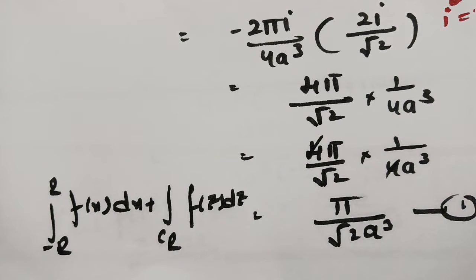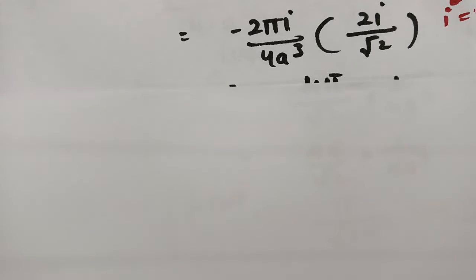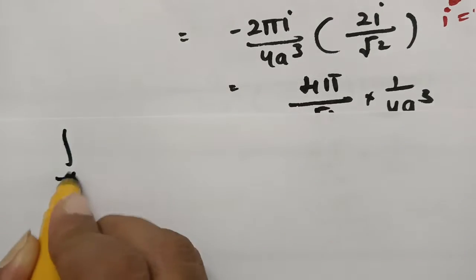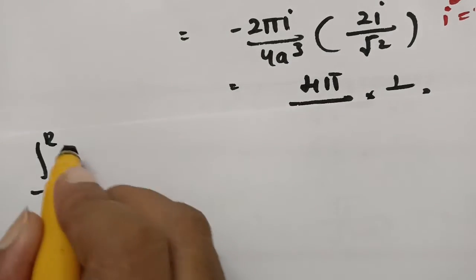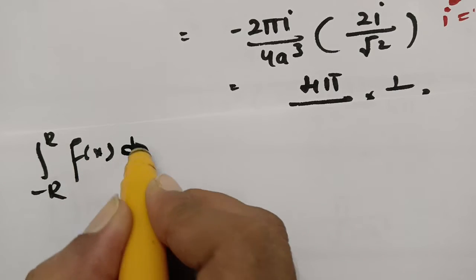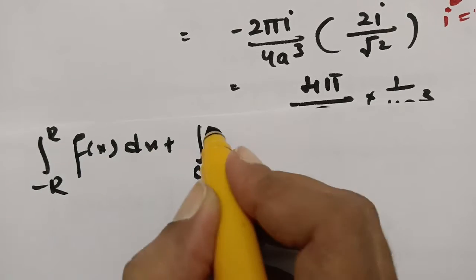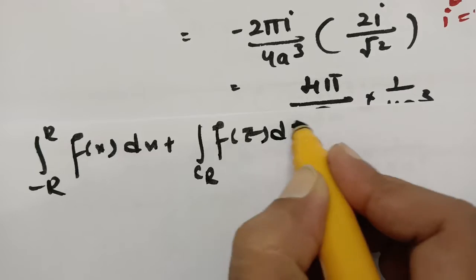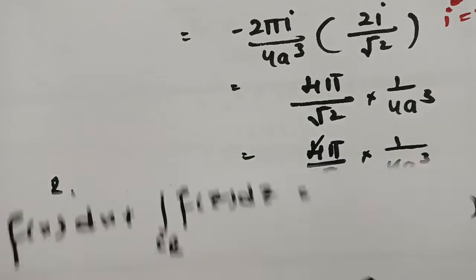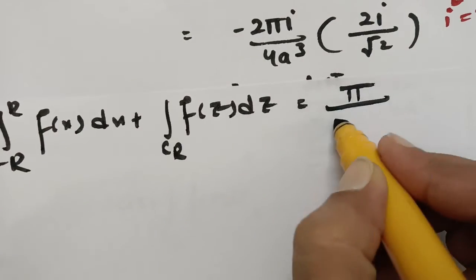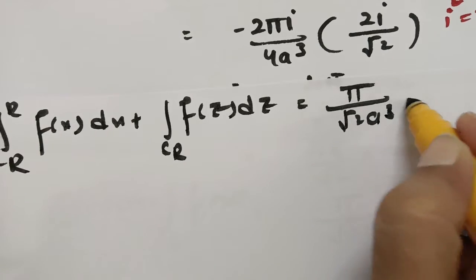And what is this integral CR as R tends to infinity? So here this is the integral from minus R to plus R of f of x dx plus the integral over CR of f of z dz, whose value is nothing but pi by root 2 into a cube.